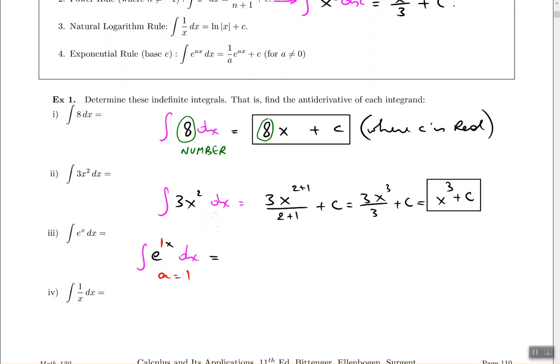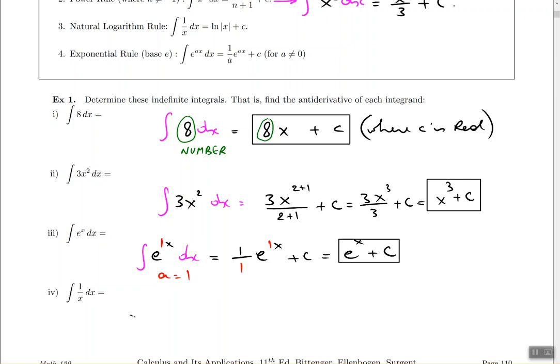And so the formula says put 1 over that number and then e to the same number again with the letter x next to it, plus c. By the way, all these ones don't have to be written down, so you could just write down e to the x plus c and you would be just fine. So it matters if the number is not 1, but when it's a 1, the number really doesn't have to be written down.